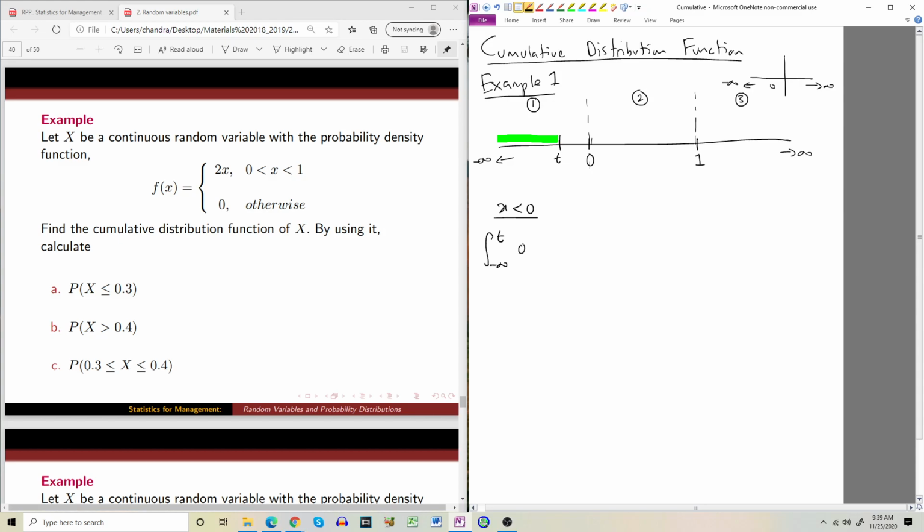The function is 0. Why is the function 0? Because this 2x function is only valid from 0 to 1, the second interval, not the first interval. So in the first interval the function is 0, because otherwise it is 0. So what is the value here? 0.